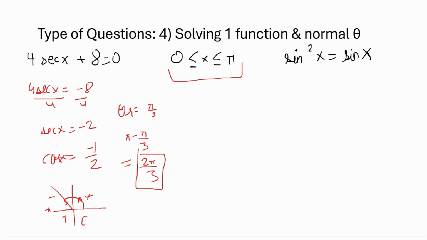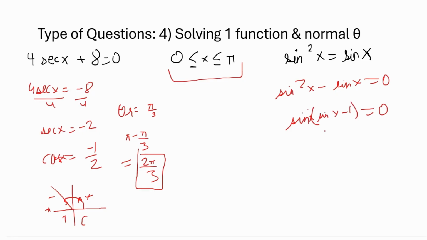Now, one really important thing with quadratics, never cancel it out. Like right now, I could just cancel this out and it would be sine x equals 0, right? Never do that, because then you miss out on one of the answers. Always bring all your functions to one side, make the other side equal 0, okay? And then factor. It becomes sine x times (sine x minus 1).